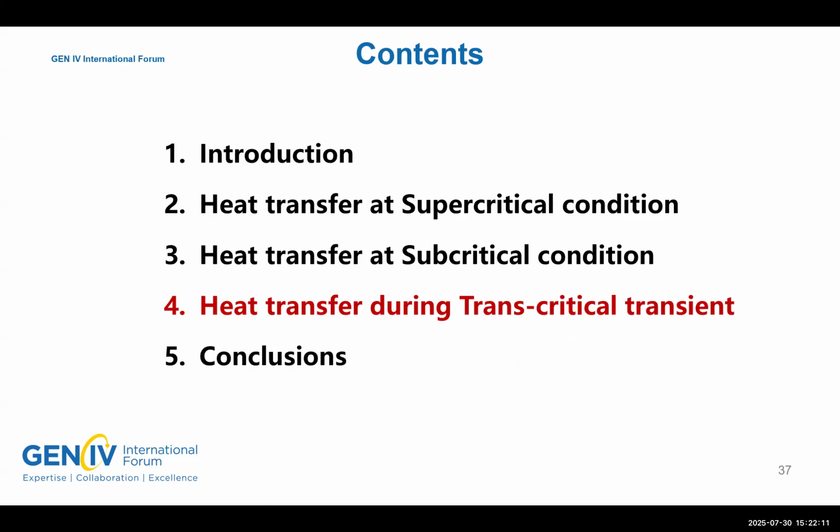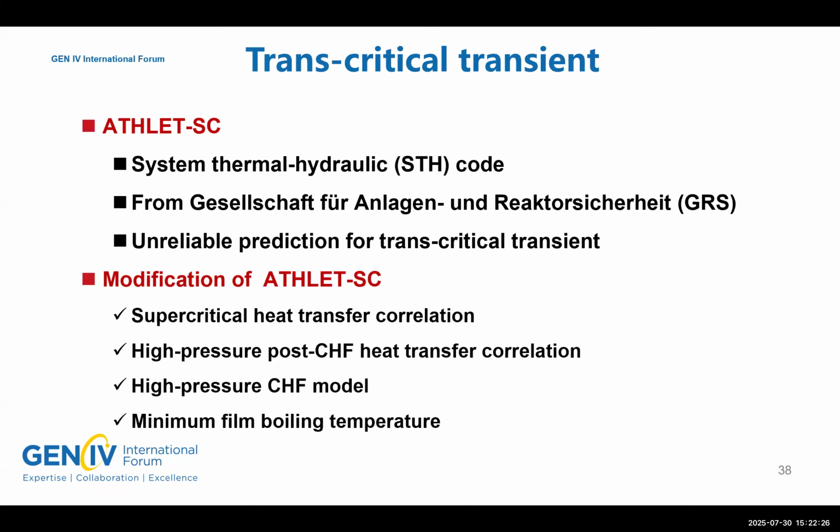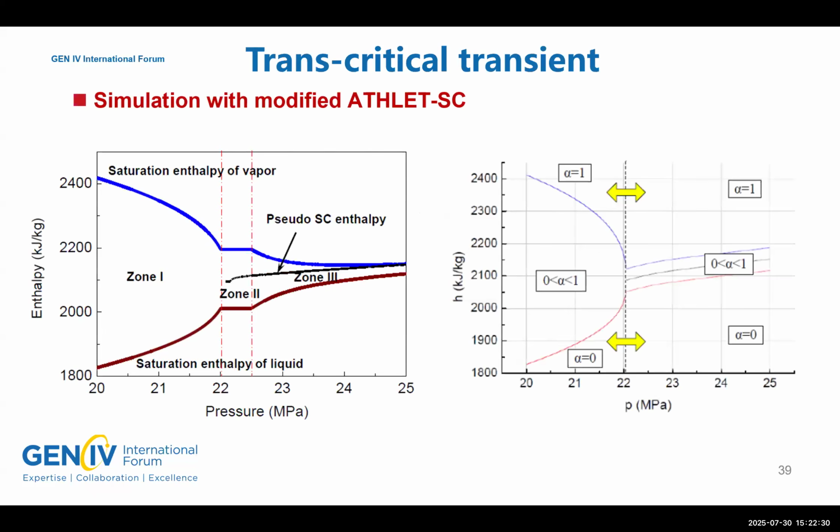And the fourth part talks about the heat transfer during the transcritical transient. That means the pressure goes from the supercritical condition to the subcritical condition. It is not easy to perform this transient, as I show you in the picture here. You will see that we have the saturation enthalpy of the vapor and the saturation enthalpy of the liquid.